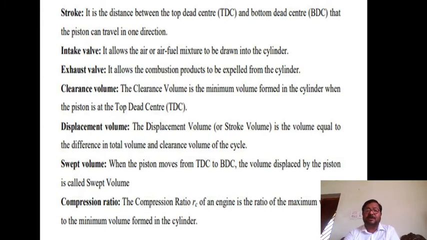It is denoted by r_c. From here onwards, throughout the derivations in the air standard cycles, r_v is the compression ratio, which is the maximum volume to the minimum volume in any one compression process.